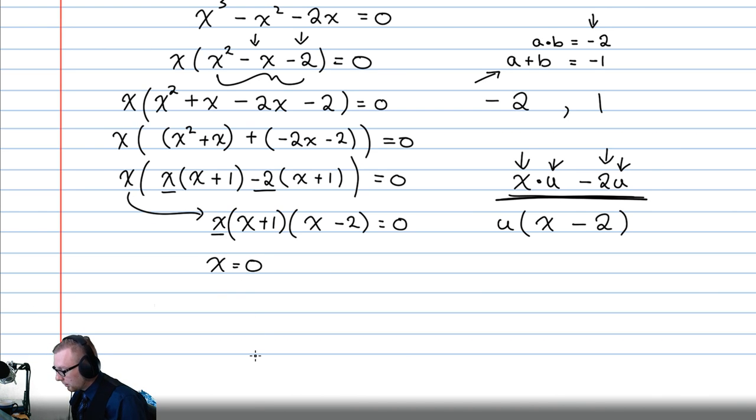That's a pretty simple one. x plus 1 equals 0. And x minus 2 equals 0. So, what are your answers? x equals 0, x equals -1, x equals 2. Good. So there are 3 points of intersection.